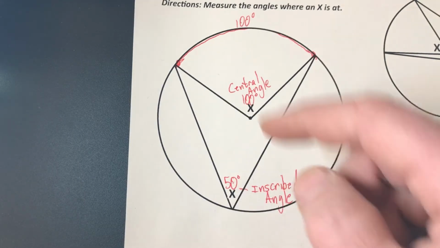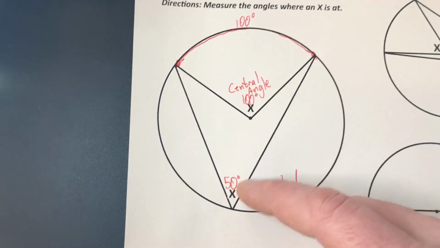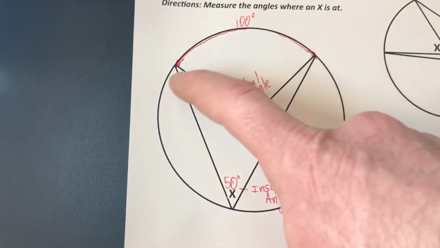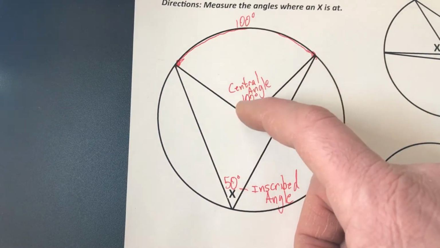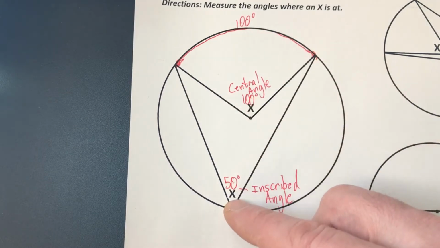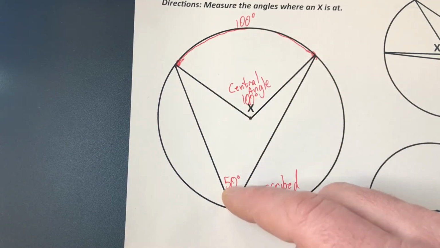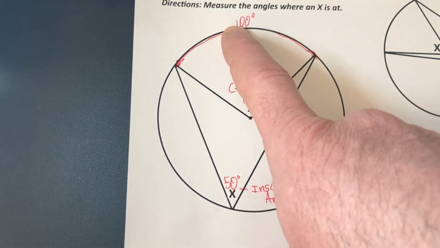This is the way inscribed angles work. The inscribed angle is always going to be half of the arc that it creates. Like the central angle was 100, the arc is 100 degrees, the inscribed angle is half of that. So the inscribed angle is always going to be half of whatever its arc is out here.